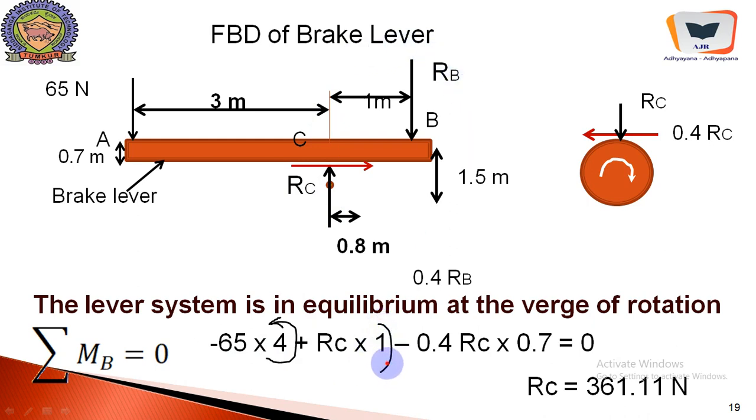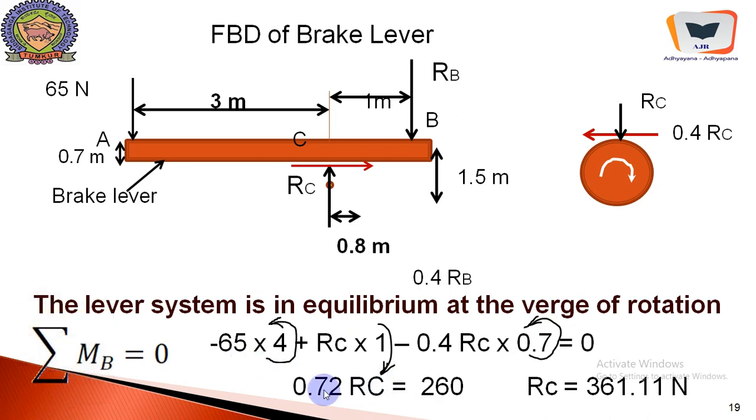The moment arm is 1 meter as given by the problem, and the frictional force will also have an effect because it has a moment arm equal to the thickness, or the height, of this brake lever, which is equal to 0.7. It will have a tendency in anti-clockwise direction with respect to B. So we will equate them equal to 0 because it is in equilibrium.